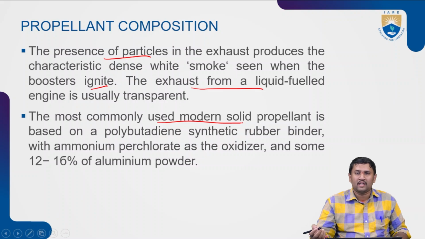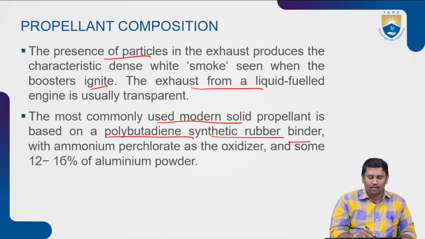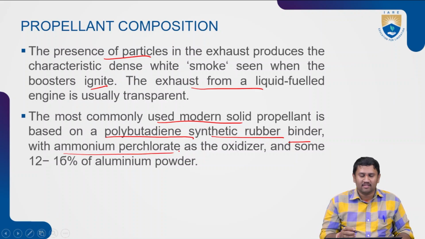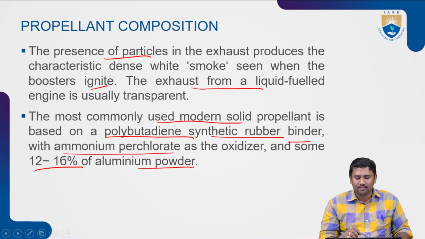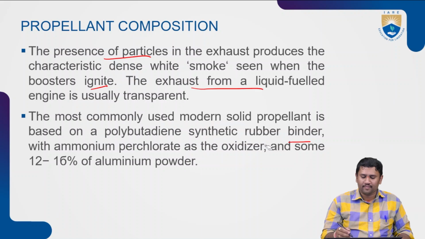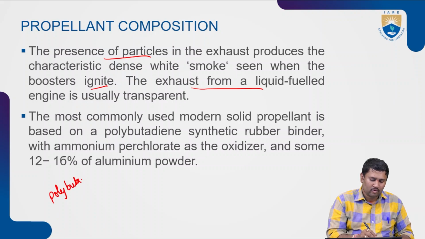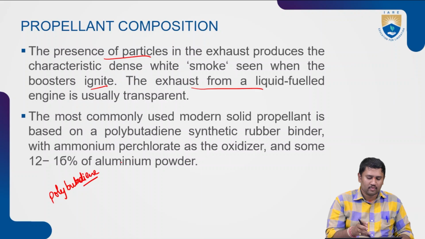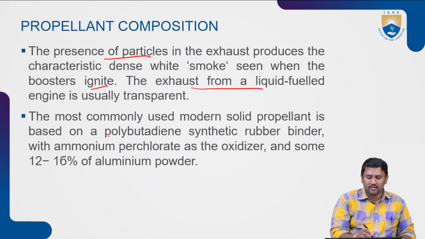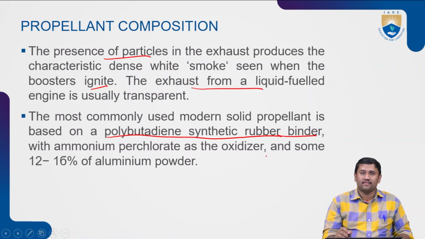The most commonly used modern solid propellant is based on polybutadiene synthetic rubber binder with ammonium perchlorate as an oxidizer and with some 12 to 16% of aluminum powder, right? So modern day solid propellant rocket motors will be having, just highlighted here, the polybutadiene synthetic rubber binder with ammonium perchlorate as an oxidizer.